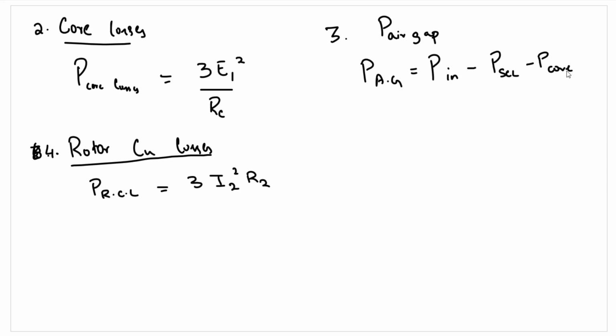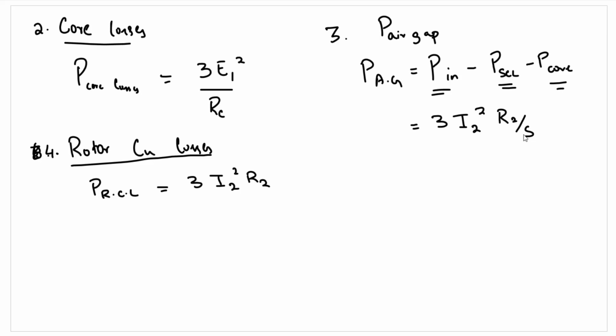So it will consist of the input power minus the stator copper loss minus the core losses in the induction motor. We know the input power. We have calculated the stator copper losses. We have calculated the core losses. So the air gap power will be given using this equation, or alternately we can also find the air gap power using the equation thrice I2 square R2 by S.